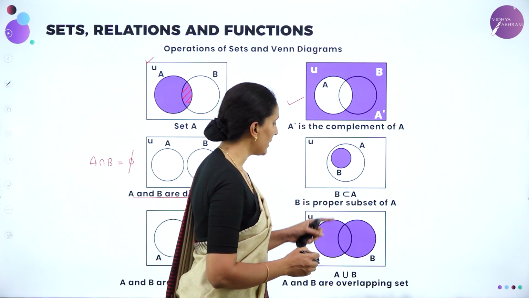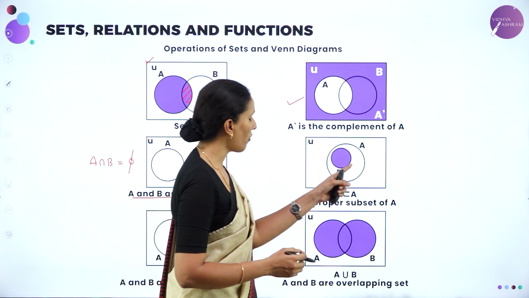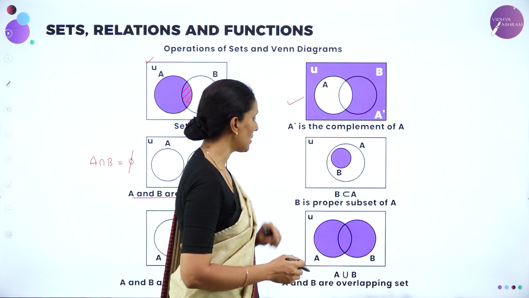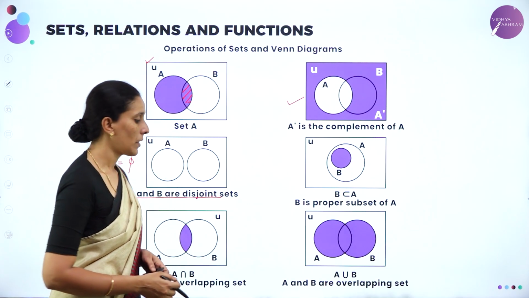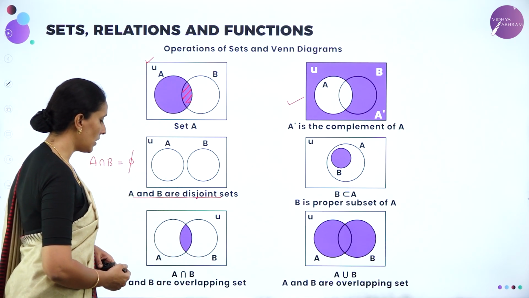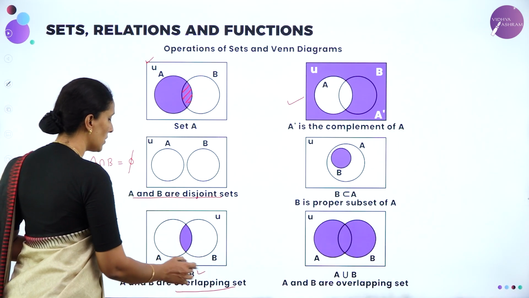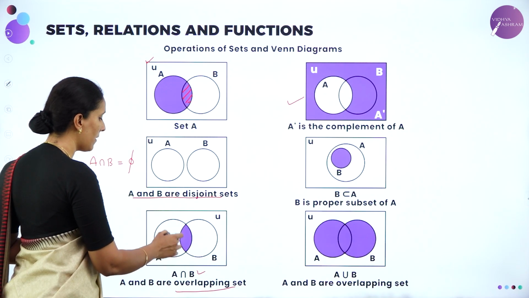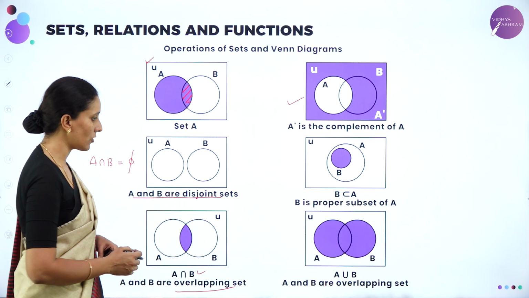We have already studied A subset of B. If B is a subset of A, then B will be inside A and both will be in the universal set. So clearly B is a proper subset of A. Next we have overlapping sets, which is nothing but the intersection. The intersection of two sets is represented by this shaded region.